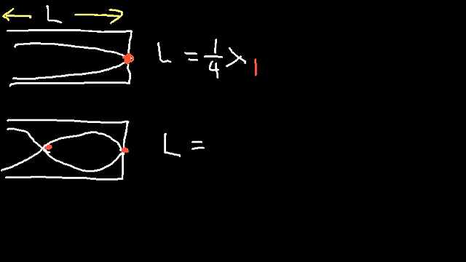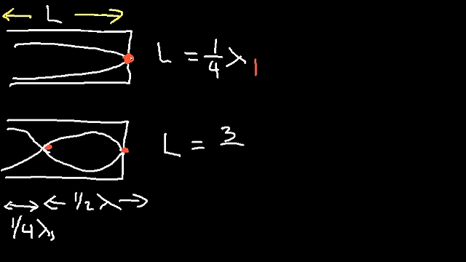So what is the length of this particular picture? We said that one loop is half a wavelength. And half a loop is 1/4 of a wavelength. 1/2 plus 1/4 is 3/4. Now, something that you need to be careful with is that the n value here is 1.